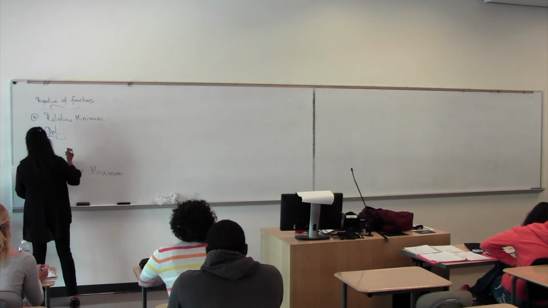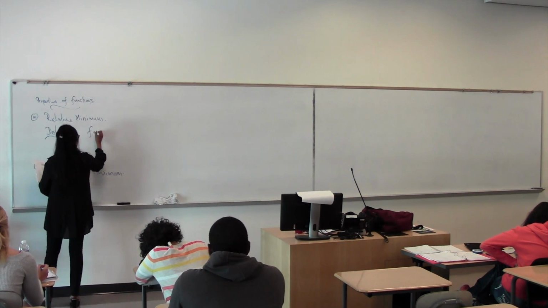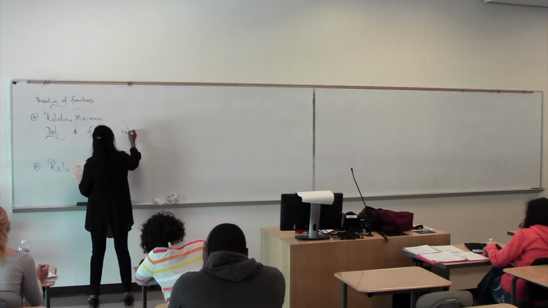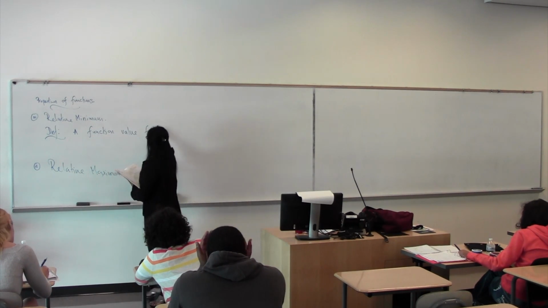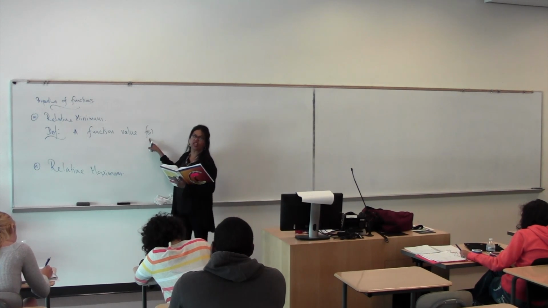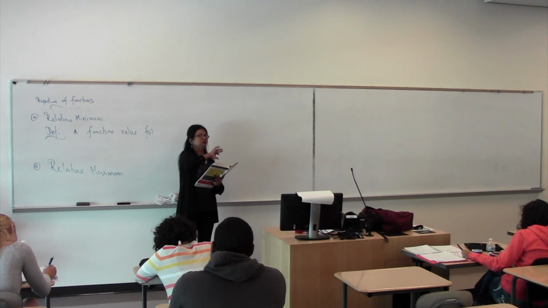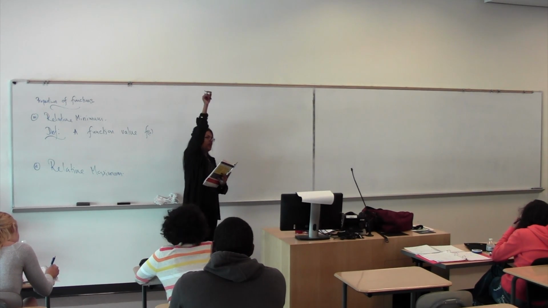A function value f of a. Now what is f of a, guys? The function value f of a. What does this mean? The y value. We have talked about this. F of x is a y value. That's why it's called function value.